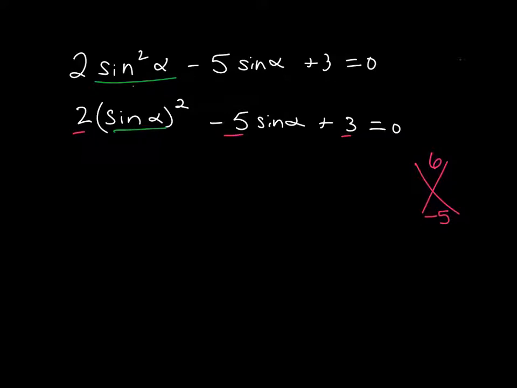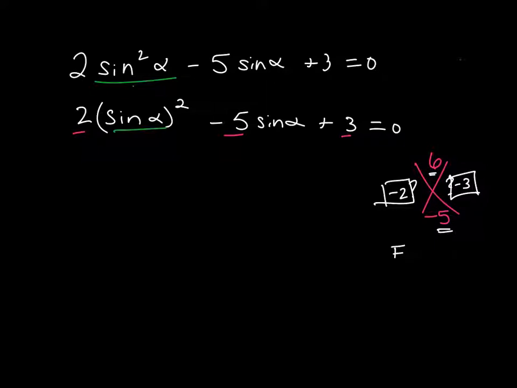So I'm looking for two numbers that multiply to equal 6 and at the same time have a sum that is equal to negative 5. What are those two numbers? 6 you have to be careful of because this has to be a positive 6. So because that has to be a positive 6, the only two values that can work would be a negative 2 and a negative 3.